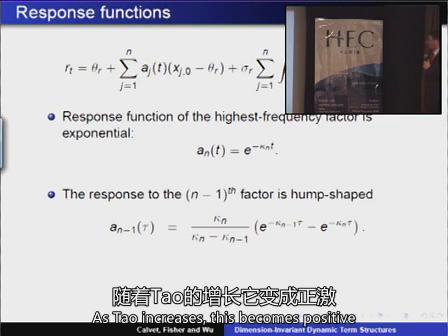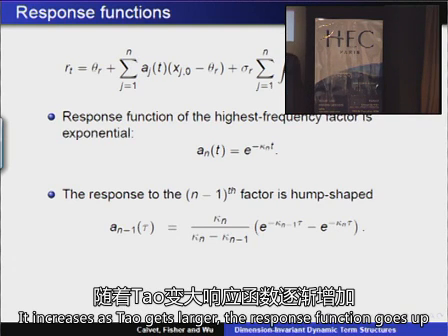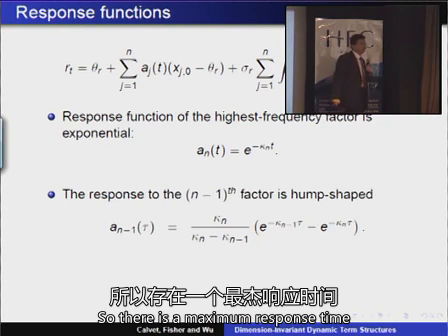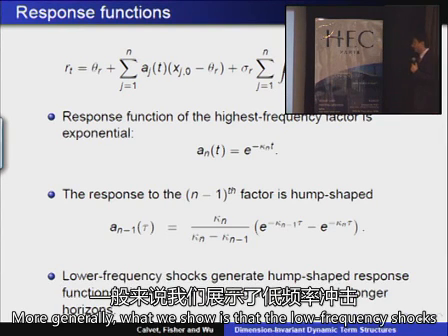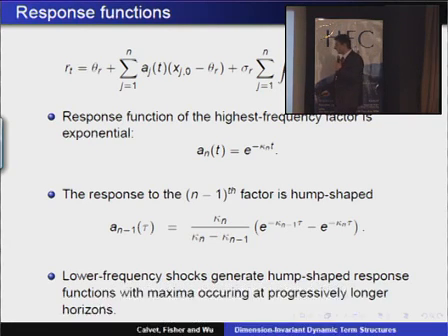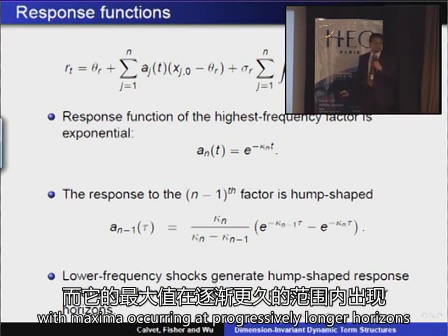As tau increases, this becomes positive. It increases, so as tau gets larger, the response function goes up, reaches a peak, and then declines to 0. So there is a maximum response time. More generally, what we show is that the lower frequency shocks tend to generate hump-shaped response functions with maxima occurring at progressively longer horizons.